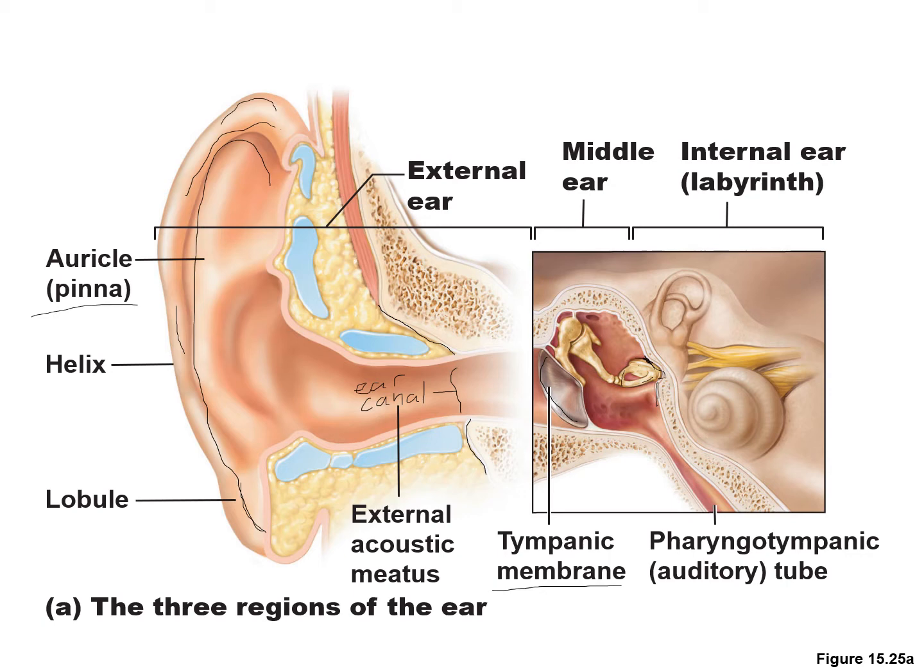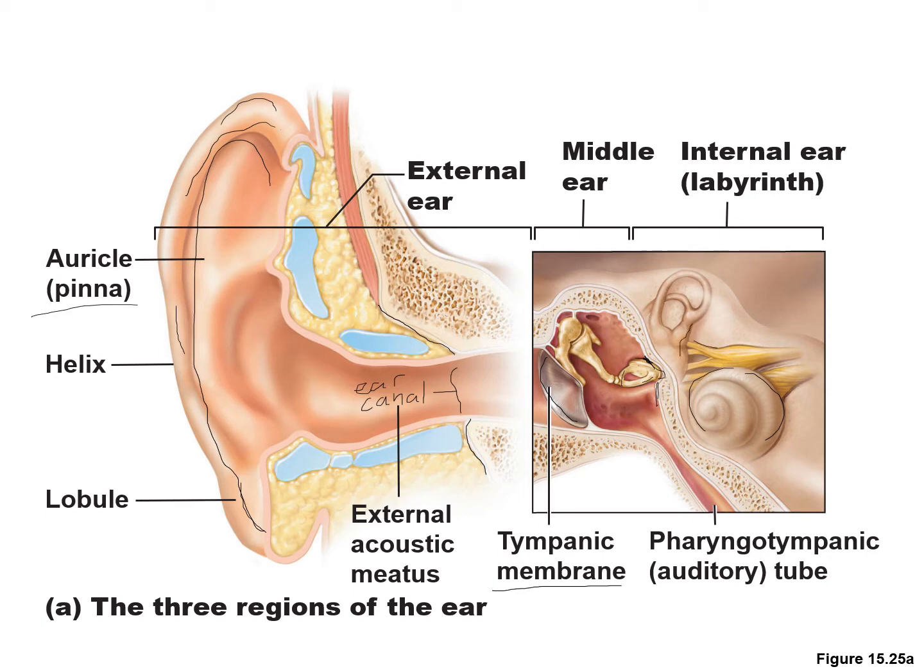And then your internal ear, sometimes just referred to as the labyrinth, holds your organs of hearing and your organs for equilibrium. The cochlea contains the organ of hearing, and the vestibule and semicircular canals are for equilibrium.